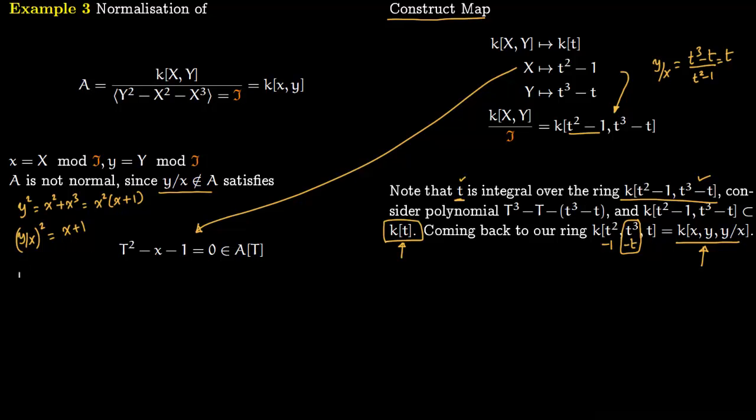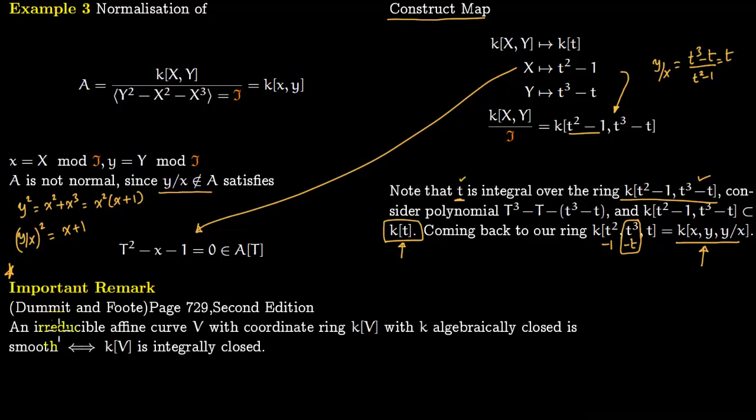Now we end this lecture with a very important remark, and you can find this in Dummit and Foote on page 729, second edition. So an irreducible affine curve, say V, will have a coordinate ring k[V], and if this k is algebraically closed, then this curve is smooth in the sense of finding the dimension of the tangent space.